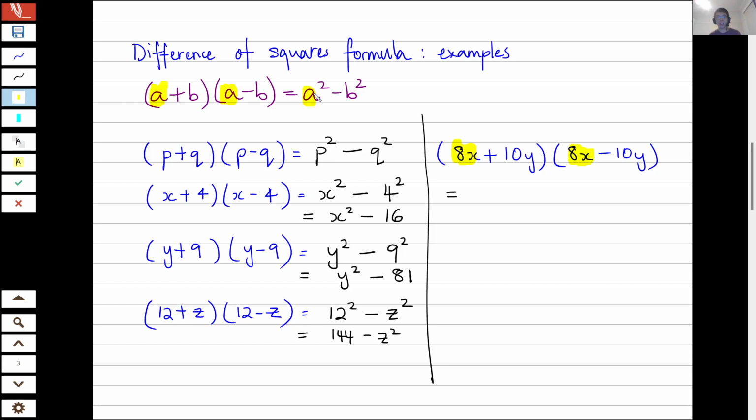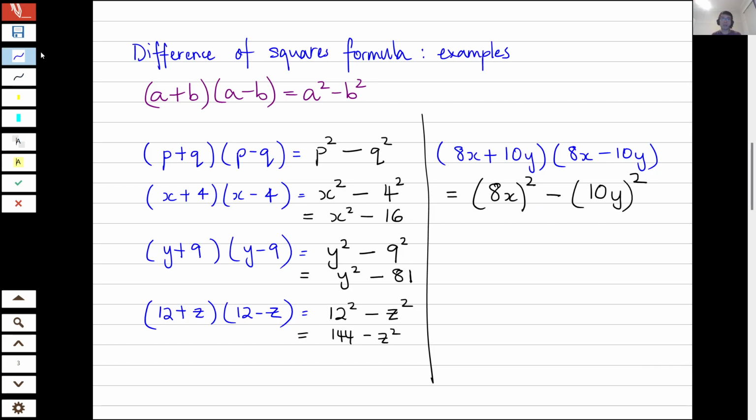I have to square the entire term 8x. So it's going to look like this. 8x and the whole thing squared minus the second term. Here I've got 10y replacing b. So I've got to take the whole thing, 10y, and square it. So my first line is going to be 8x in brackets all squared minus 10y in brackets all squared.